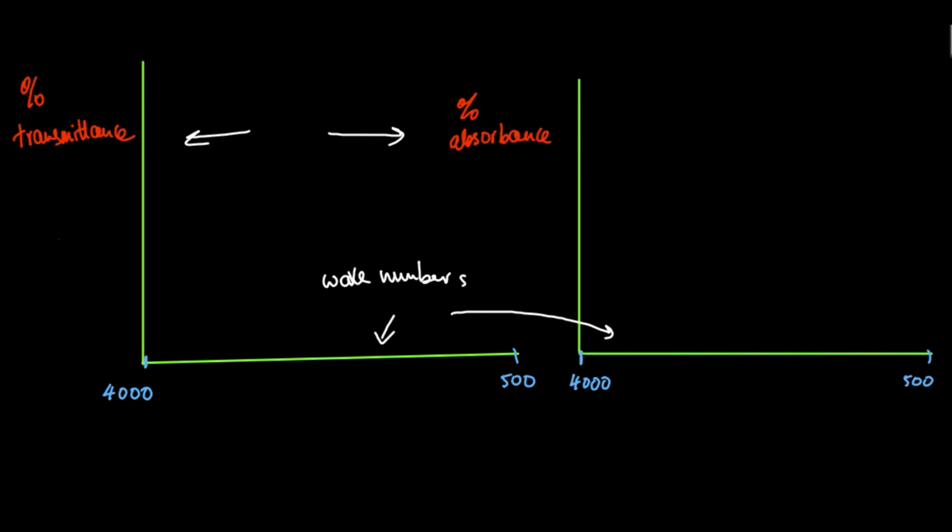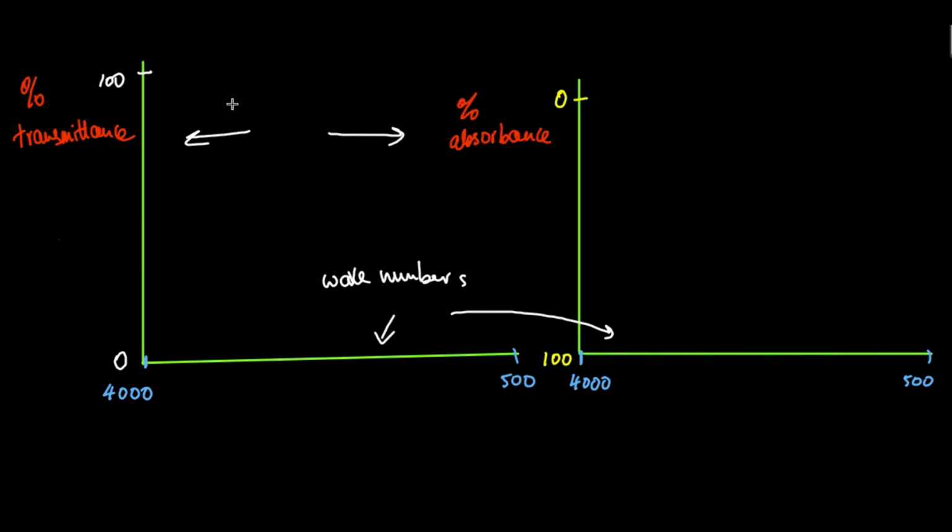If the y-axis represents percentage transmittance, the labeling will start from 0 and it will go on till 100. Okay, so it's going to go ascending. But if the y-axis is labeled as percentage absorbance, the labeling will start from 100 and it will go till 0. So the labeling basically shifts, it changes sides if our y-axis is labeled percentage absorbance instead of percentage transmittance.